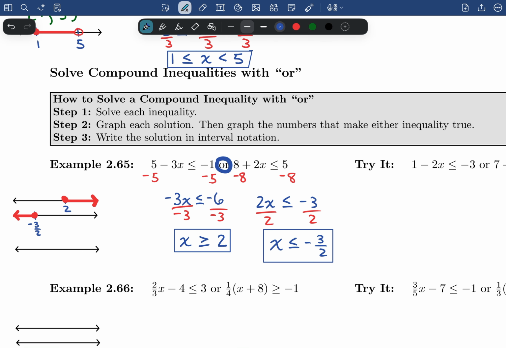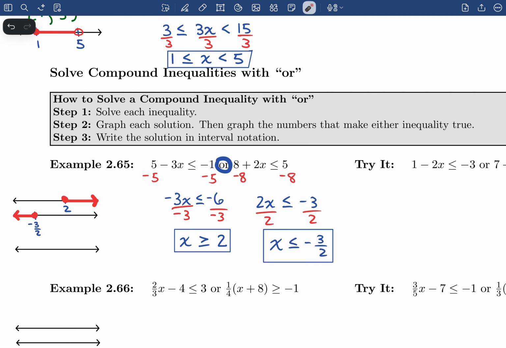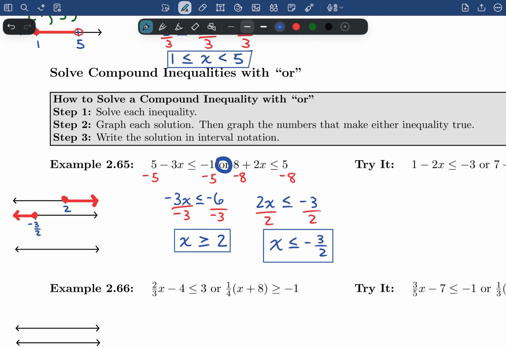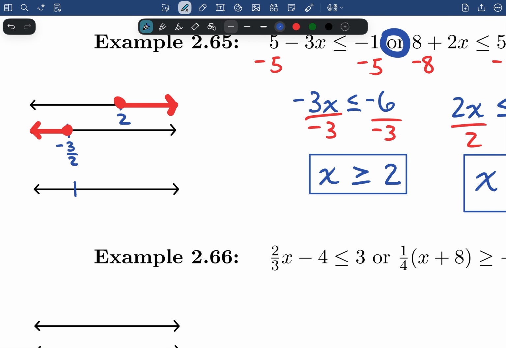And so every shaded region that we have in both inequalities drops down to our final solution. Okay, so I'll show it to you. I take the -3/2 and the 2, and I had a shaded region from 2 going to the right forever.